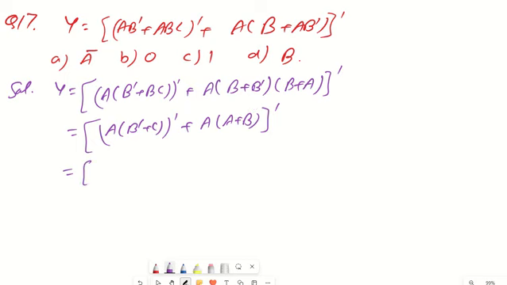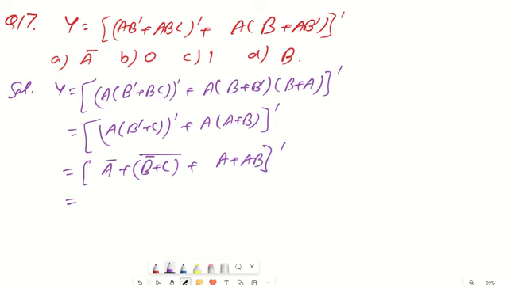With this we can again separate this out like this. I am going to separate a into (b' + c) whole bar, by De Morgan's theorem, as a' plus this whole term bar. Let me write it like this, it will be easier for all of you to understand: (b' + c)' plus this is going to be a + a'b.